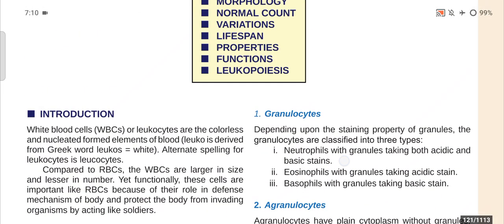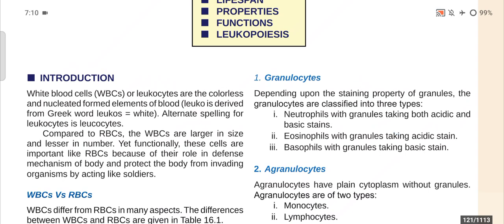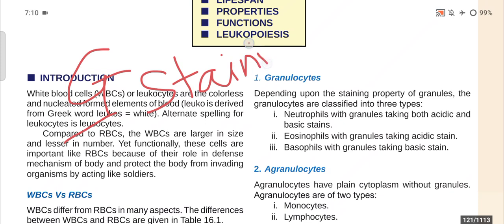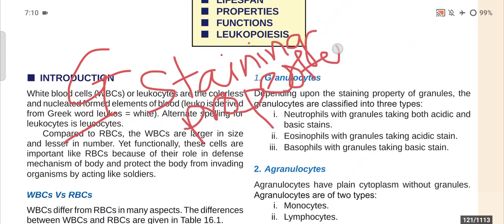Now, granulocytes. Depending upon the staining property of the granules, the granulocytes are classified into three types. So what is the basis of the classification in case of granulocytes? It is depending on the staining property of the granules.